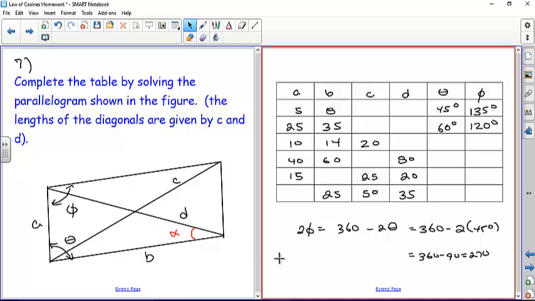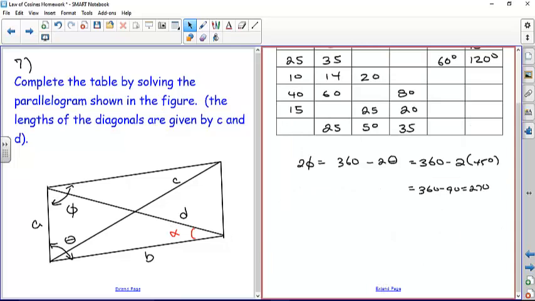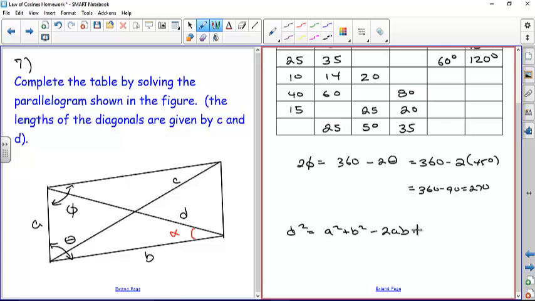So we can use that triangle to figure out what D is. We're trying to figure out D, so we can say D squared is equal to A squared plus B squared minus 2AB times the cosine of theta. So we can just now plug the stuff in and do the calculation.